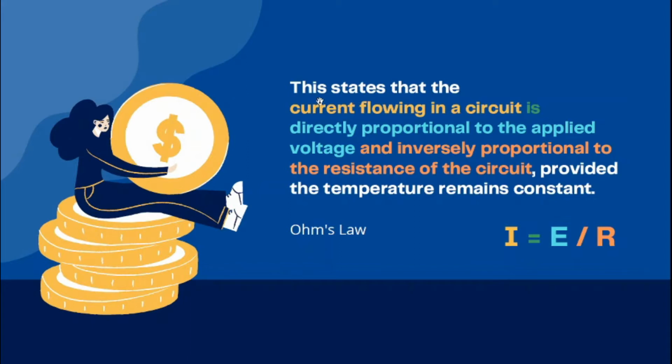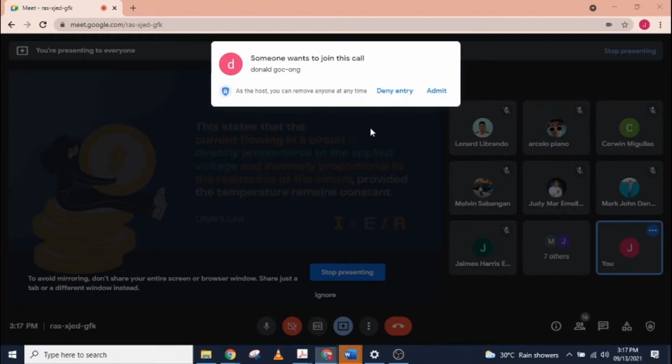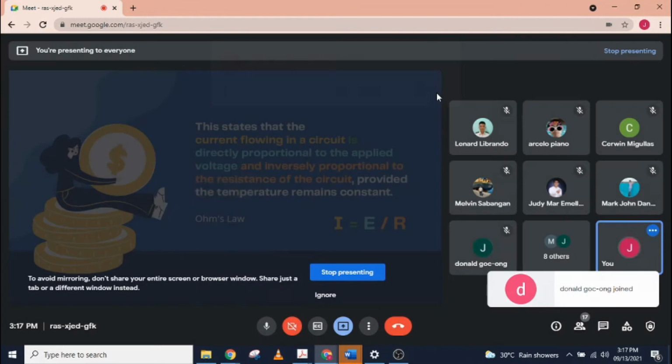Current flowing. This states that ito daw ang law na to, nagsasabi na the current flowing in a circuit is directly proportional to the applied voltage and inversely proportional to the resistance of the circuit, provided that the temperature remains constant. Yes, yung question ko class is, what are the three electrical terms na andito sa slide na ito?